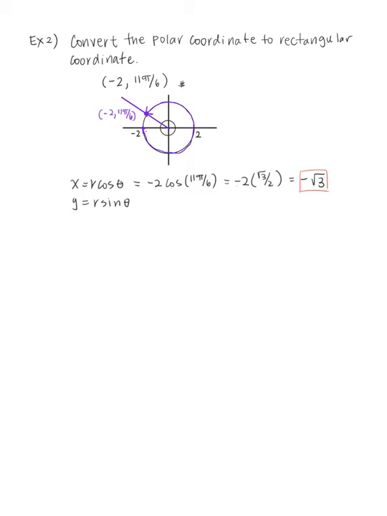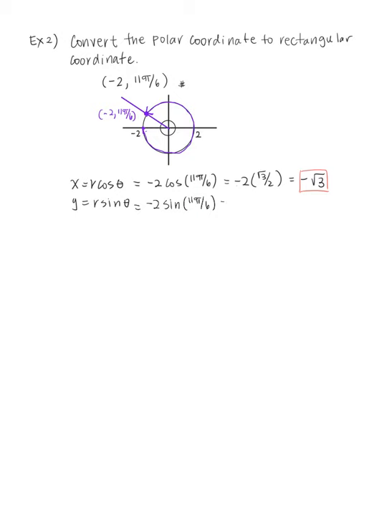All right, now let's go with the y. So y is r sine of theta. So this is negative 2 times sine of 11 pi over 6. Again, 11 pi over 6 lies in quadrant 4, so sine is negative there. This is the same thing as negative sine of pi over 6 if you like to use the reference angle theorem.